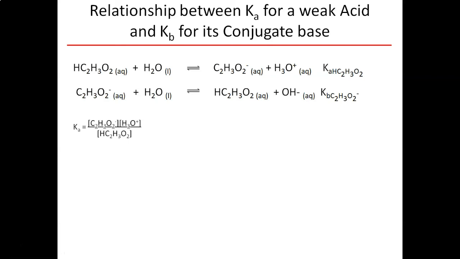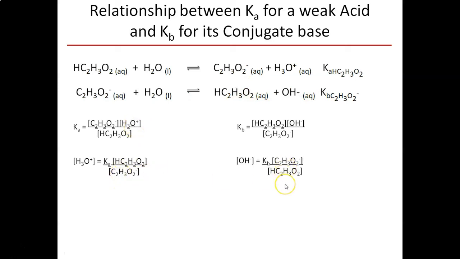Well, I can write my expression for my Ka value, and I can write my expression for my Kb value. Now, the way these equations are, that doesn't help me to understand the relationship, but if I manipulate them and I isolate the one variable, concentration of my hydronium ion, and likewise concentration of hydroxide. Now I'm going to take these, I know these two values have a relationship, Kw.